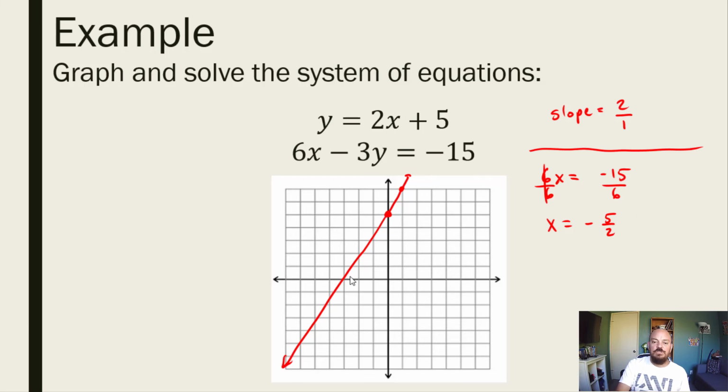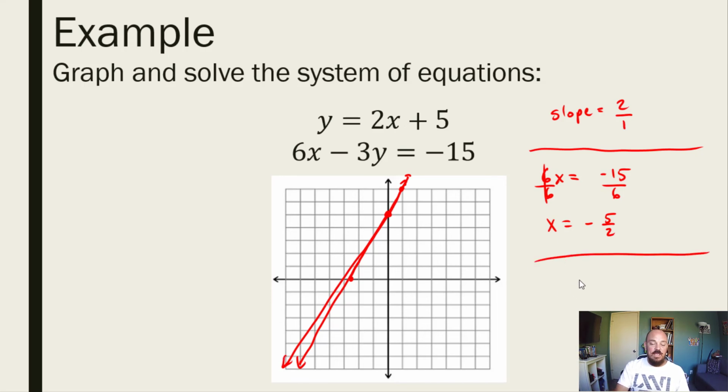Now that is going to be right here, which actually may have been on my line. I think that is on my line. Remember, it's kind of hard for me to draw perfectly straight lines on my projector or on my screen, but I think that one does end up being on our line. Let's try the y-intercept and see what happens.